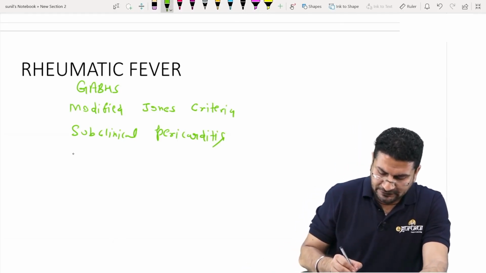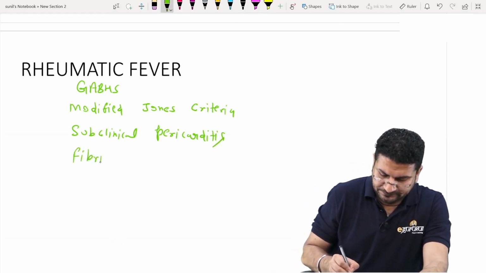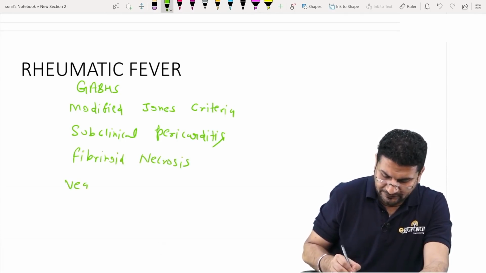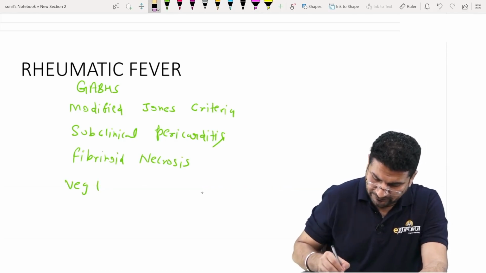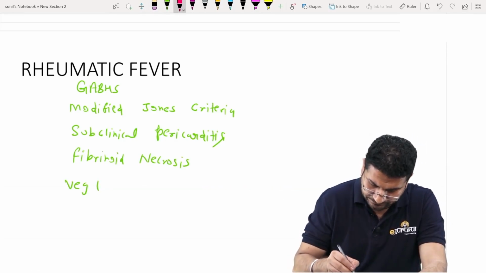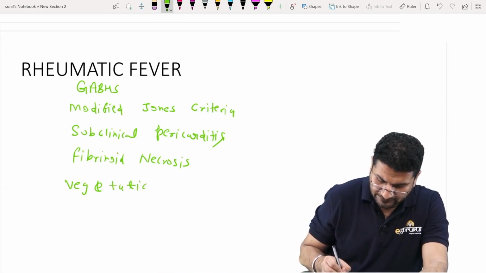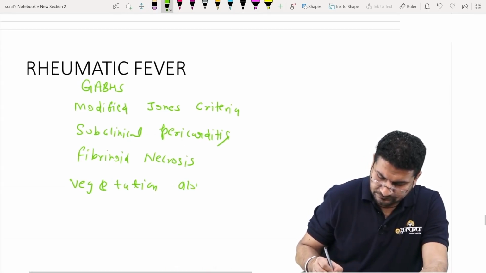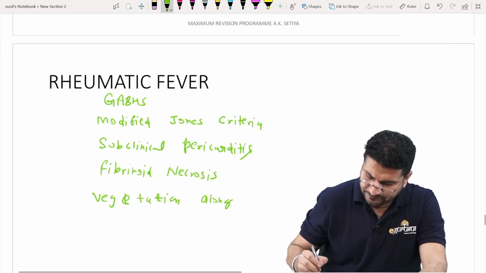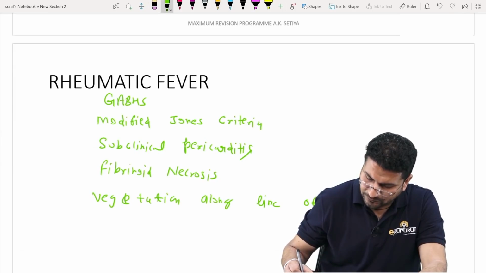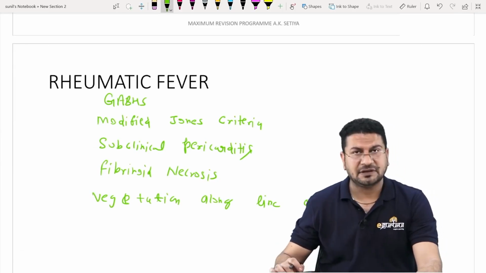If I say you will see fibrinoid necrosis, there will be fibrinoid necrosis and there will be vegetations. These vegetations are sterile, along the line of closure, or we also call them commissural ends.